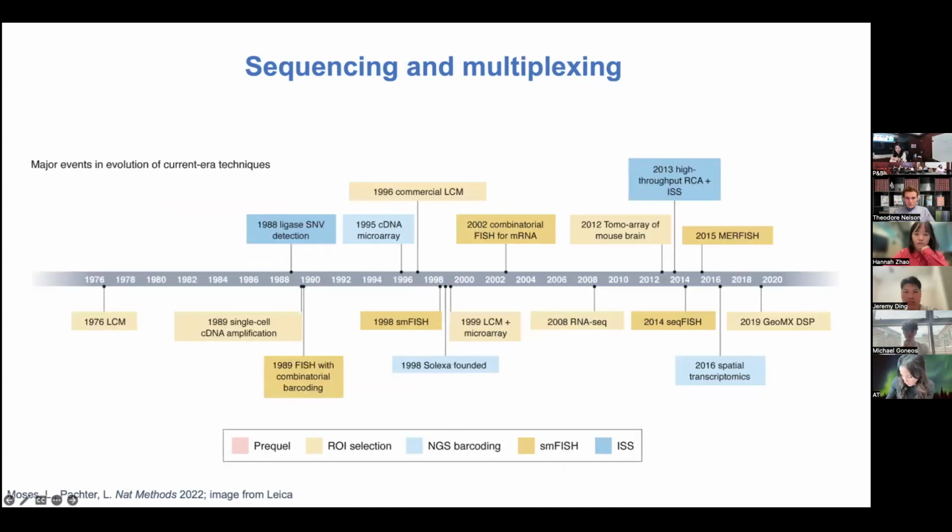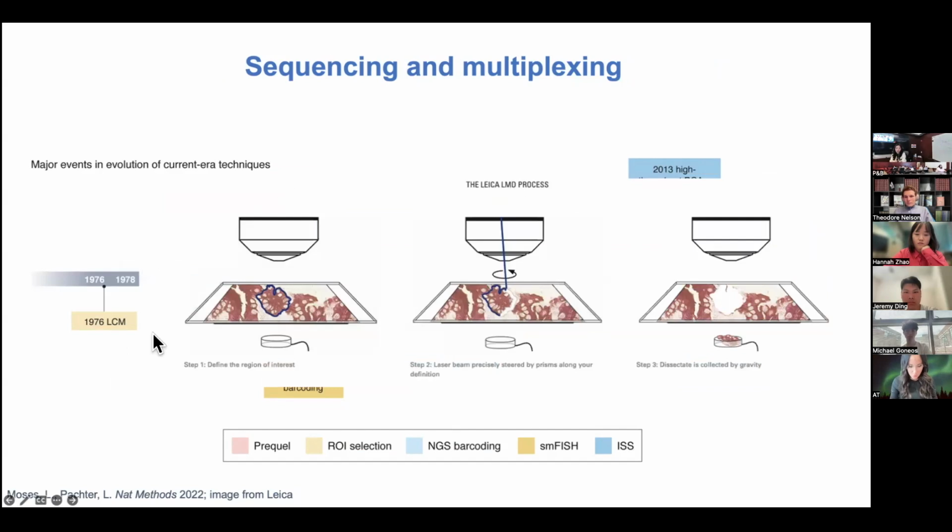And then moving forward, people started developing different technologies. Sequencing has come on, and also different microscope technologies have come on. So the very first thing was Baker's dissection methods, where you have specific regions and you tag these specific regions of interest, and using a laser or any kind of UV cleavage method, cut out these specific regions and take them as regions of interest.